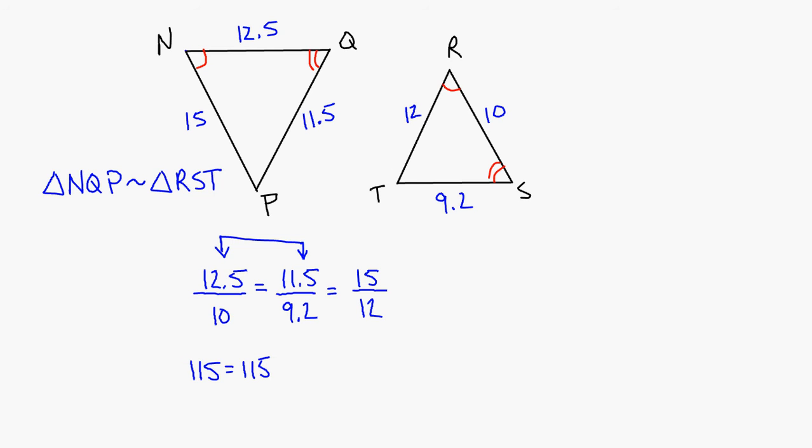So now check the third ratio and the second ratio. 9.2 times 15: 138. And 11.5 times 12: 138.